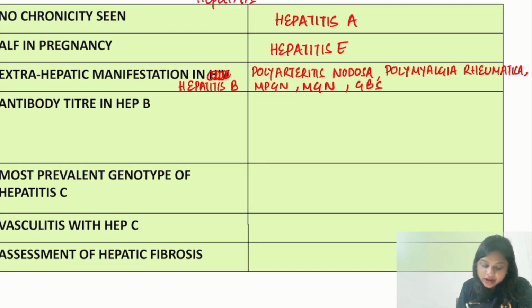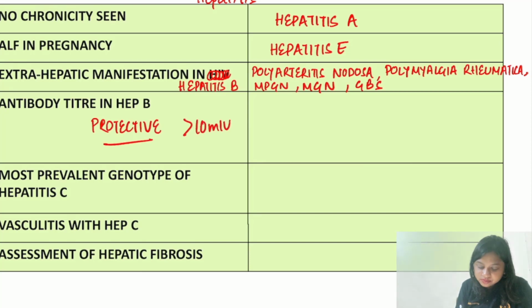What is the protective antibody titer in case of hepatitis B? That is more than 10. So more than 10 is the one you need to remember. Whenever we have a newborn whose mother is hepatitis B positive, a hepatitis B exposed newborn, we need to give the routine hepatitis B vaccination, that is the birth dose, and then along with the pentavalent what we give.